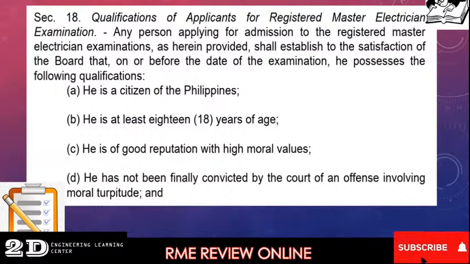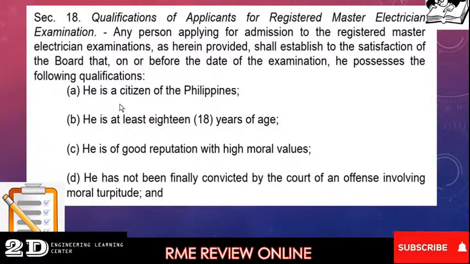So first, he is a citizen of the Philippines. He is at least 18 years of age. He is of good reputation with high moral values, and he has not been finally convicted by a court of an offense involving moral turpitude. 4 na mga qualifications.